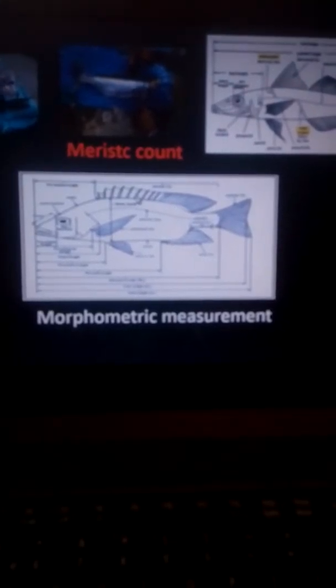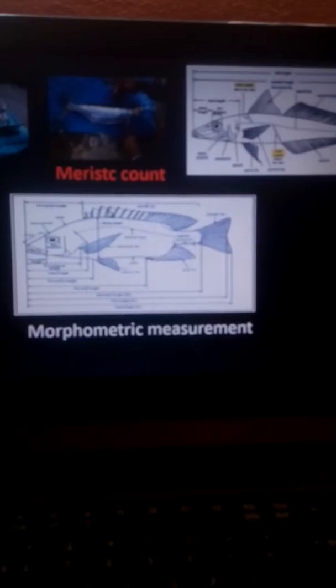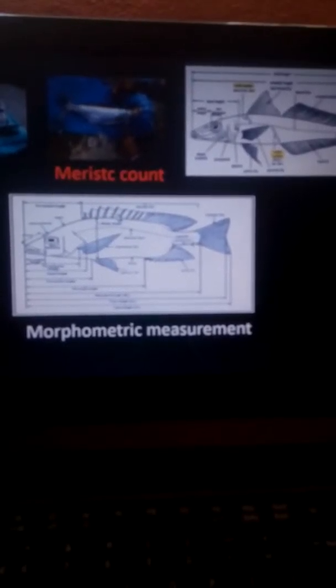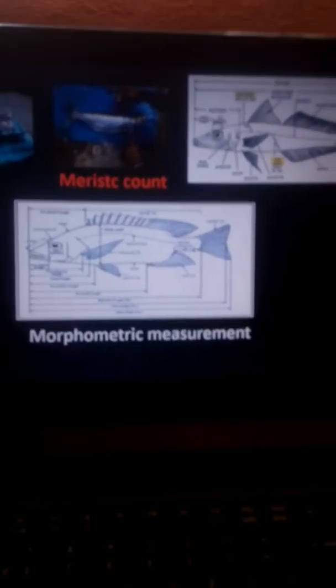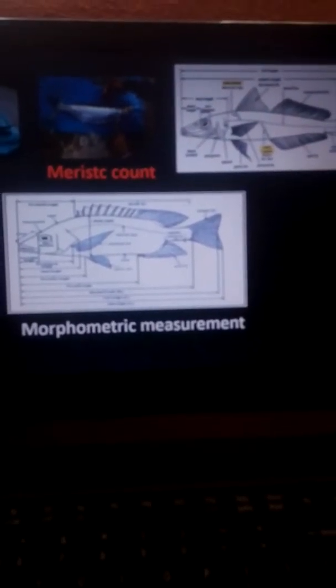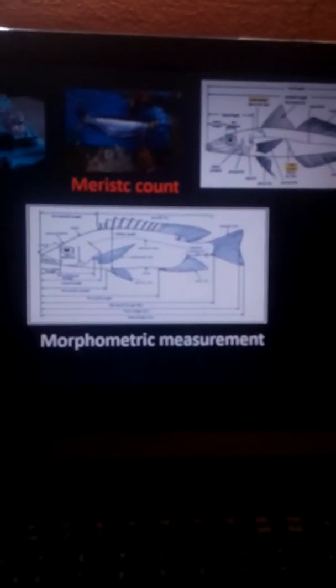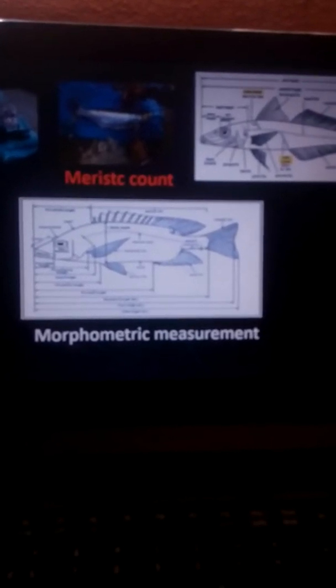Besides rays, we also have a sharp type of material known as spines. So when there are spines in the fins, we also count the spines, as well as the rays present in the fins.